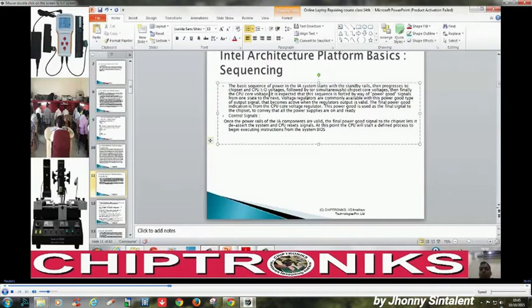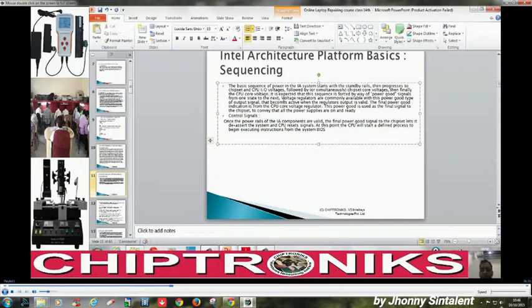And how does this sequence operate? This sequence operates on the phenomenon of power good signals, right? It is expected that this sequence is forced by way of power good signals from one state to the next. That is, when one state completes, it generates a power good, and then the second state begins, right?